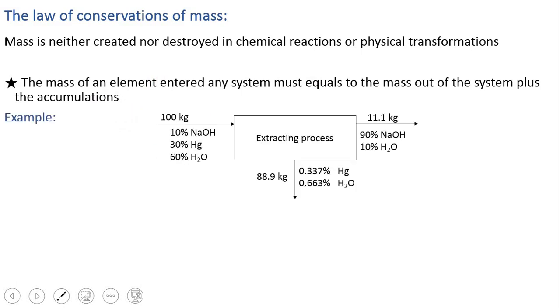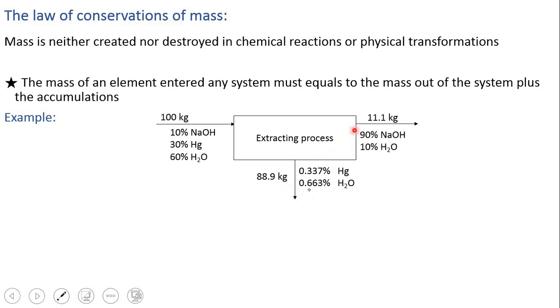Let's say you have 100 kilogram of a mixture containing 10% NaOH, 30% mercury, and 60% water. You want to extract the NaOH from the solution of mercury and water.